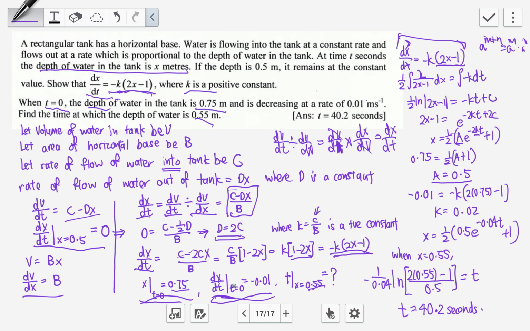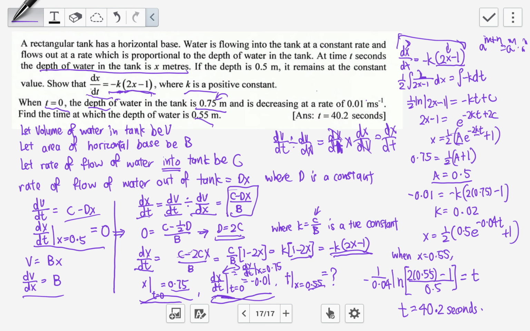When t equals 0, I also know that the depth of water is 0.75 meter, so x is 0.75. So in other words, this is dx/dt when x equals 0.75, because when x equals 0.75, t equals 0.